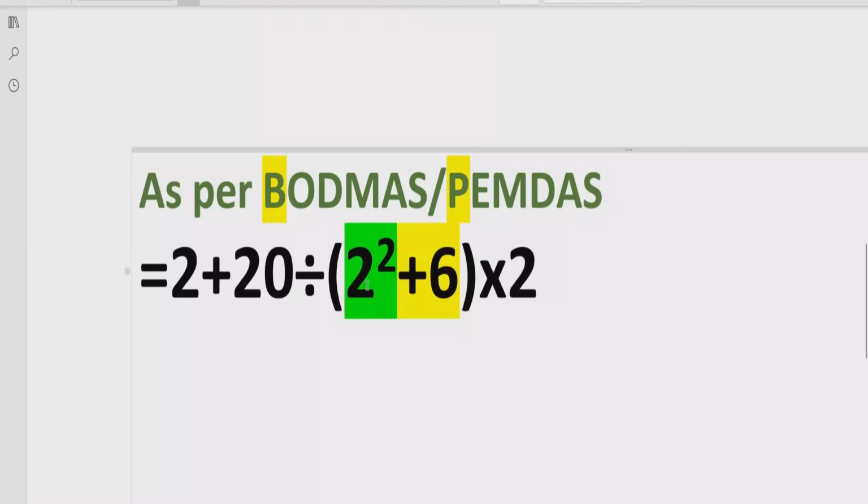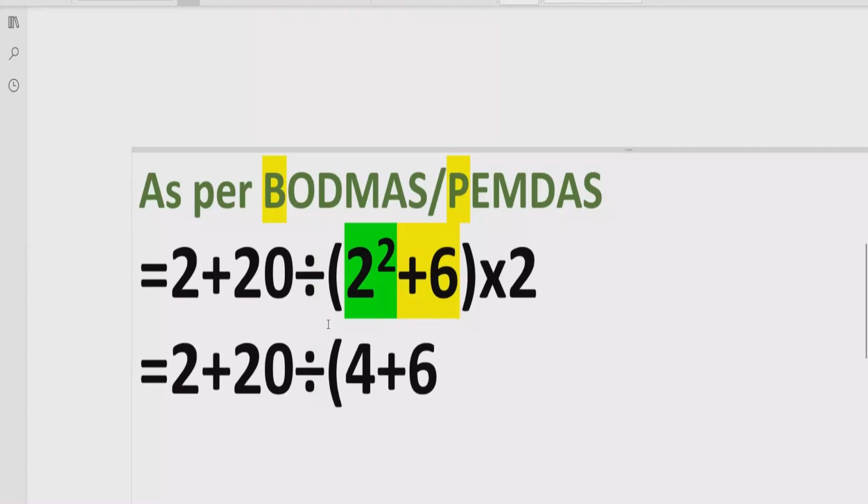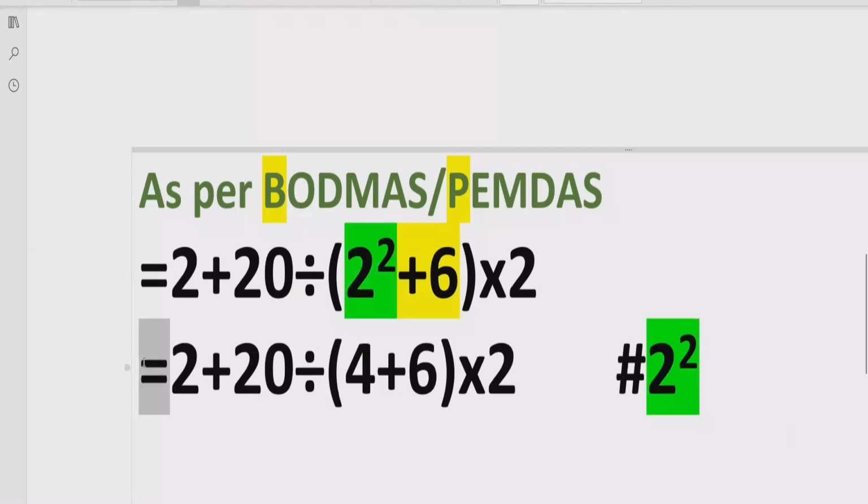So first of all, we have to solve this 2 raised to power 2 because we cannot add these two numbers. So we will write 2 plus 20 divided by, and here 2 raised to power 2 means 4, plus 6, multiplied by 2. And here we give the reference: 2 raised to power 2 becomes 4.